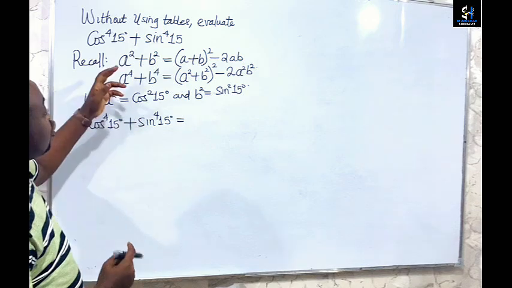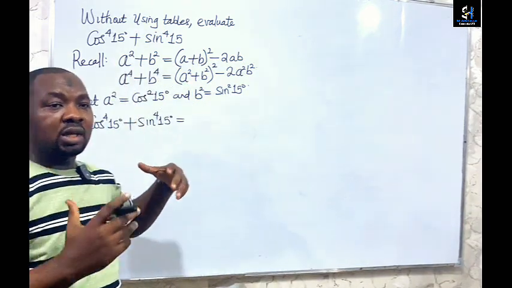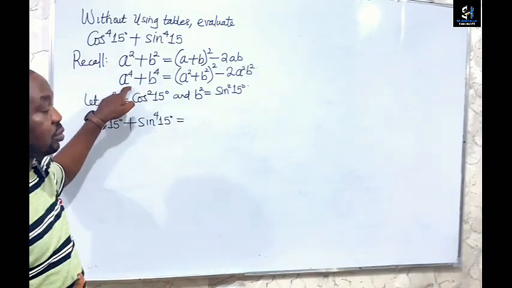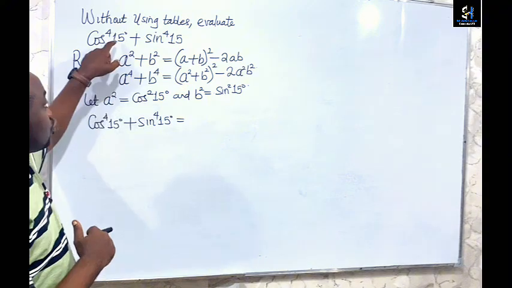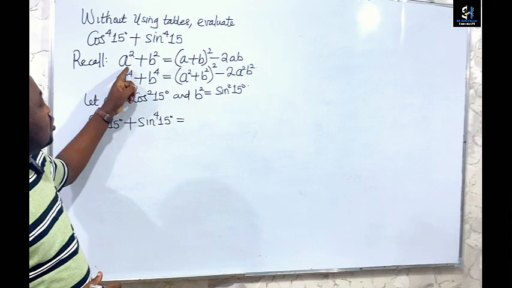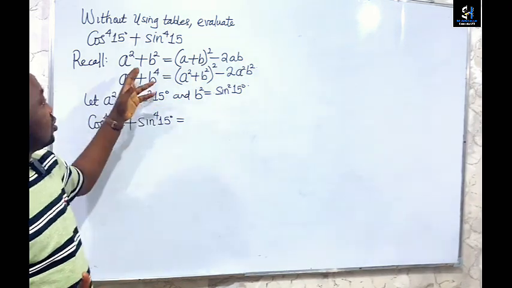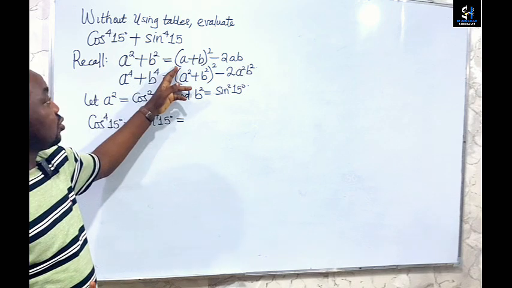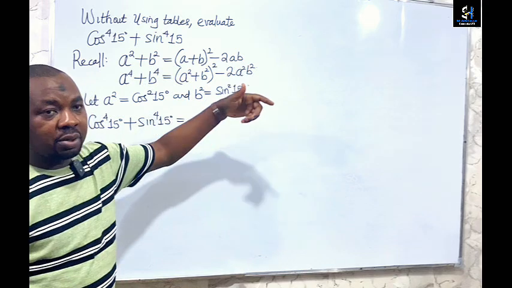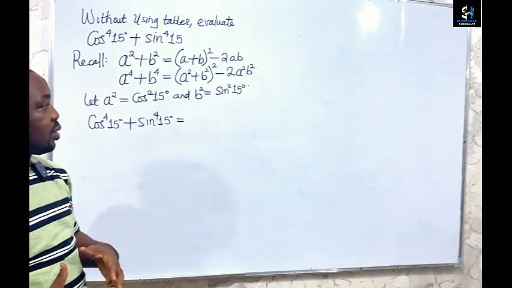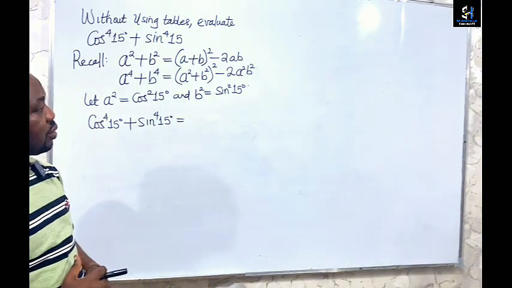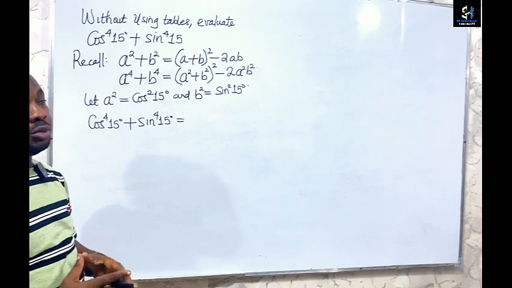The first one is just to help us understand this particular one, which is the one I'm going to use to solve this question. When we have the sum of squares of a and b, it is equal to the square of the sum of a and b minus 2 multiplied by ab. The bond between a and b is multiplication, so 2 times a times b is 2ab.